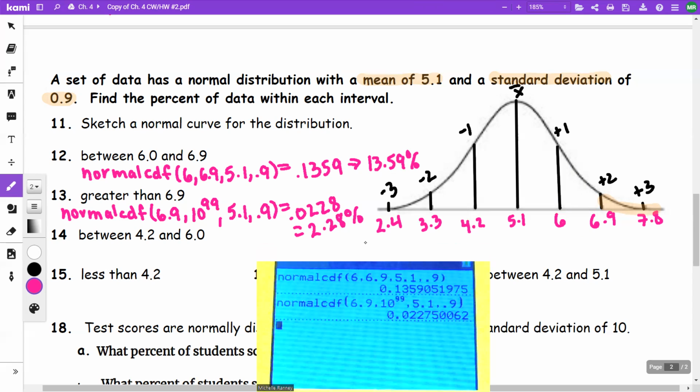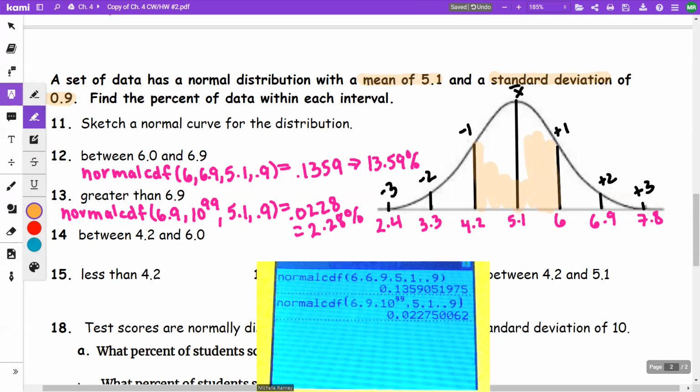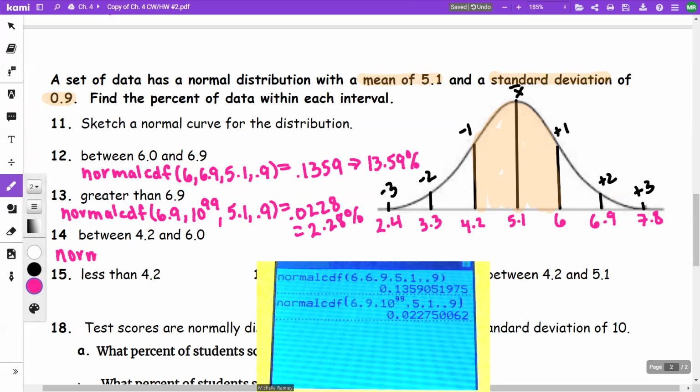Okay, next one, between 4.2 and 6. Between 4.2 and 6 is going to be from here to here. Now for this one, I can tell that this is going to be about 68%, right? Because it's one deviation on either side, but let's put it in and get the exact decimal. So normal CDF, minimum 4.2, maximum 6, mean is 5.1, and standard deviation is 0.9.